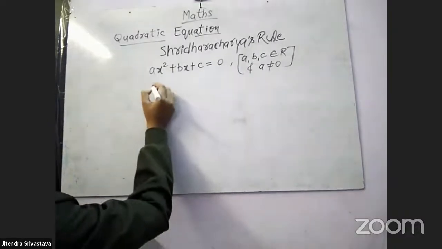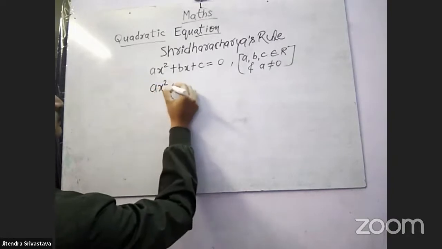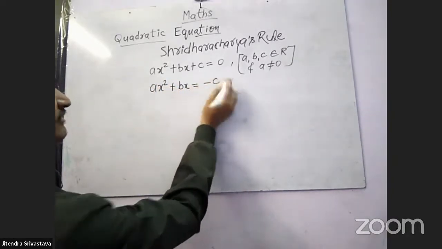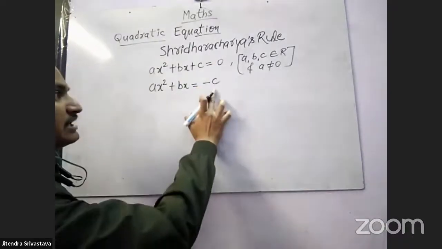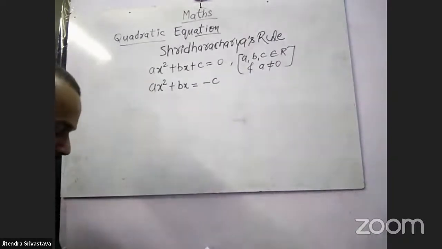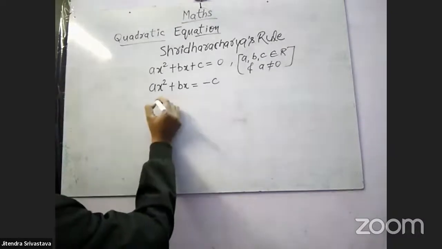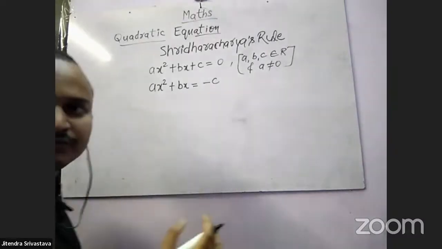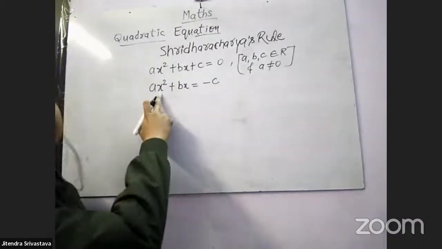First of all, we will bring this plus c to the other side of the equals, so it will become minus c. Now we have to divide this equation by the coefficient of x square.